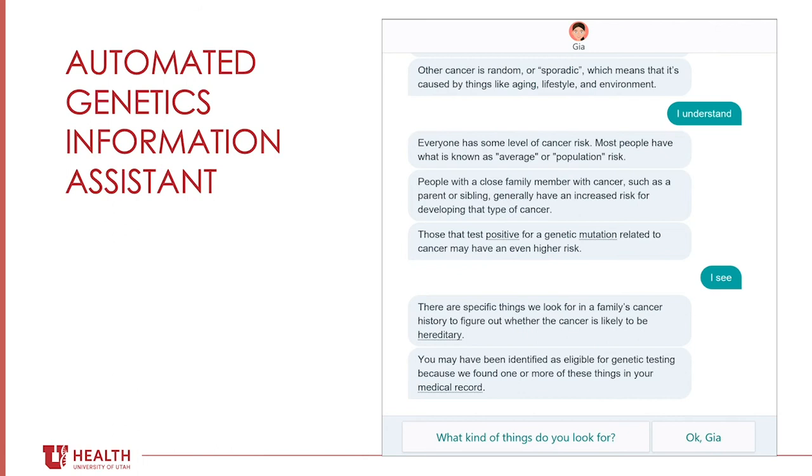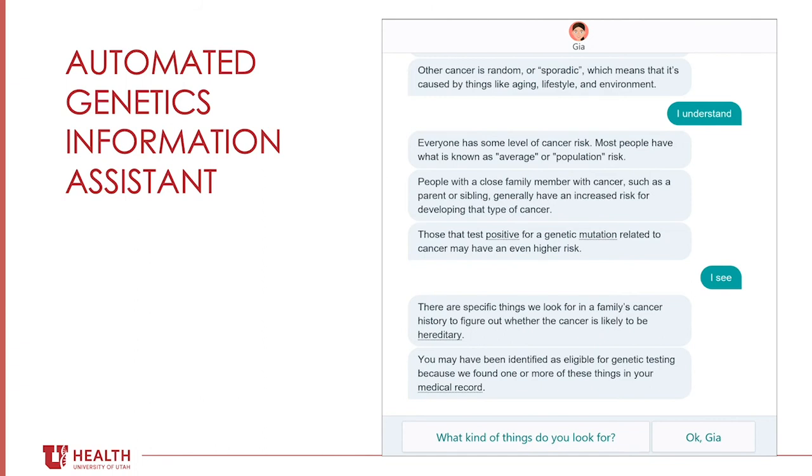We spent a good deal of time scripting what GIA says to be as close as possible to what our genetic counselors say when they deliver this information. So what you're seeing in the gray boxes is the script that is delivered by the automated assistant. In this particular slide, what she's talking about is that family history may put people at increased risk. The more teal buttons are the responses from the participants.